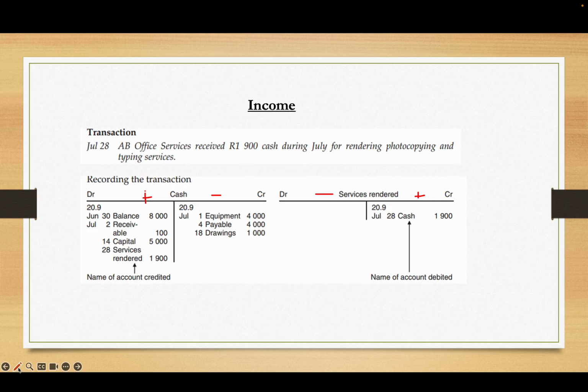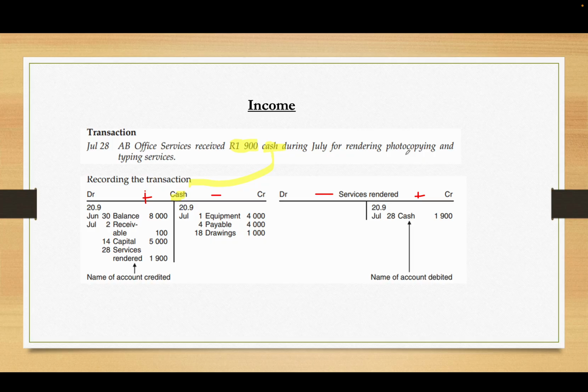Okay, let's look at the example. July 28th, AB office services received 1.9 cash during July for rendering photocopy and typing services.